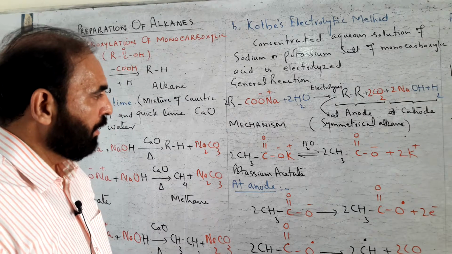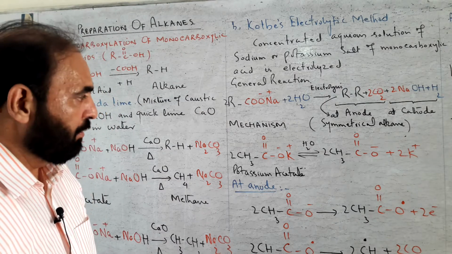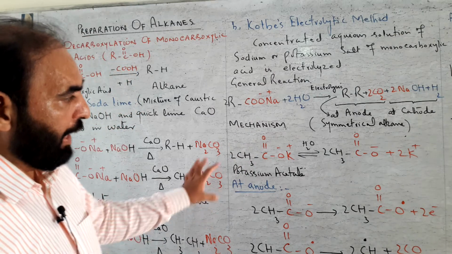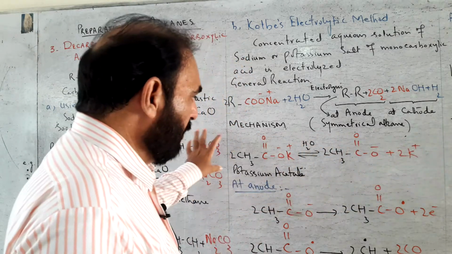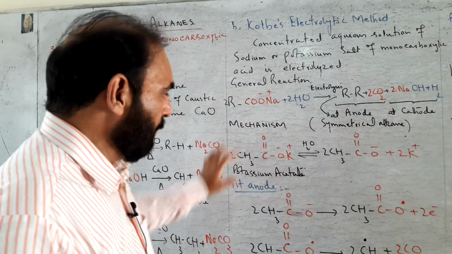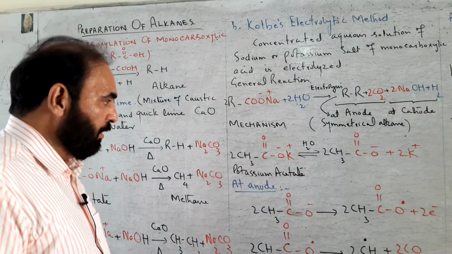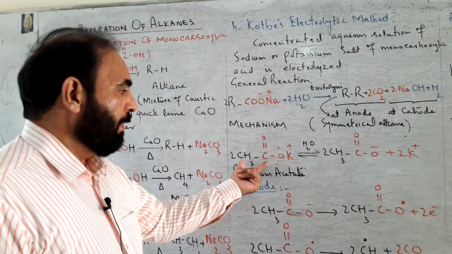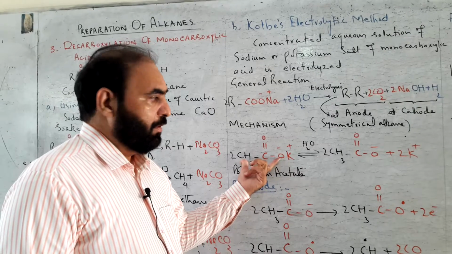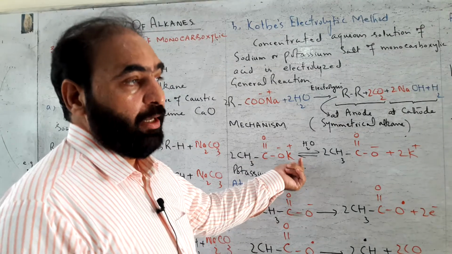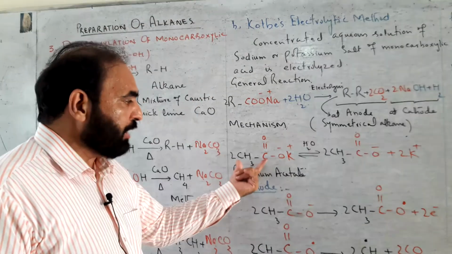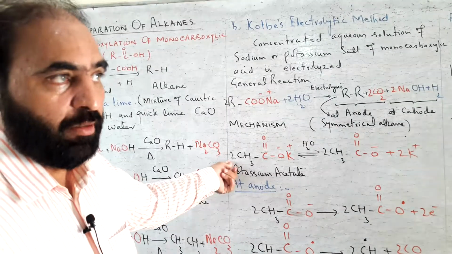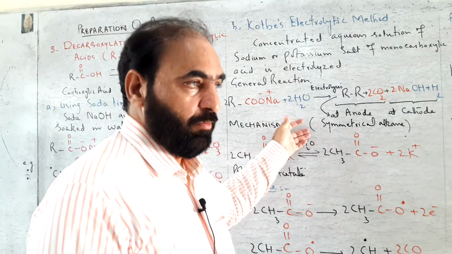On explaining this reaction by mechanism, first of all, we ionize the sodium or potassium salt of monocarboxylic acid. For example, let us have the potassium salt of acetic acid. This is potassium acetate. 2 moles of potassium acetate are electrolyzed.